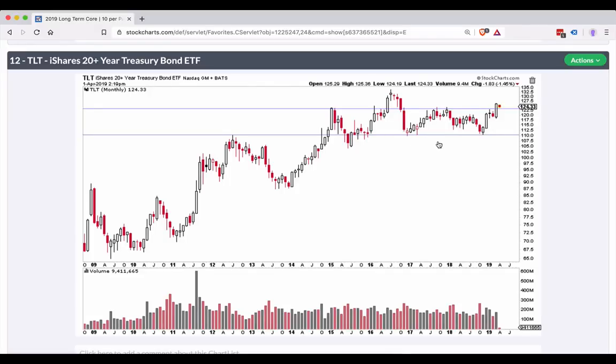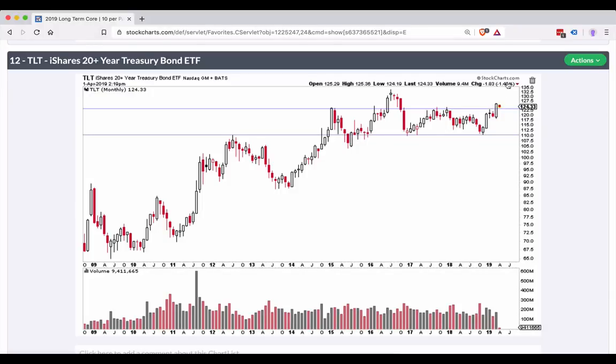More or less, the way I look at this is we've effectively been going sideways here since 2015, under or around this 123 area, and we're finally starting to break back above it. So this to me is constructive here. This does signal some bullish events developing, bullish rotation still into Treasury bonds, and perhaps the 30-year bull bond is not done yet.